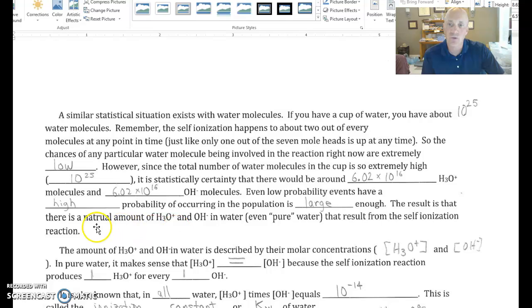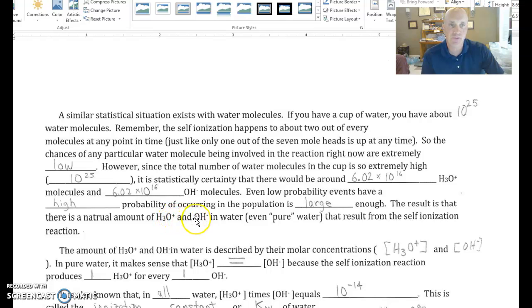All right. So the overall result is that there is a natural amount of H3O plus and OH minus even in pure water. And these aren't impurities in the water. They are chemical species that exist there because of the basic behavior of what water always does.